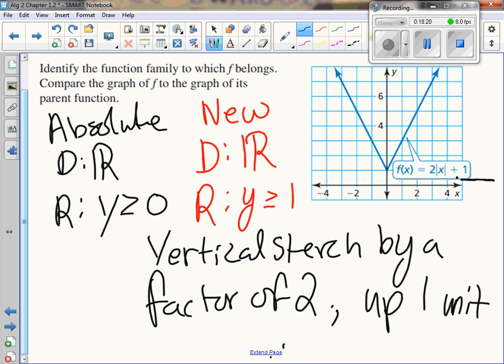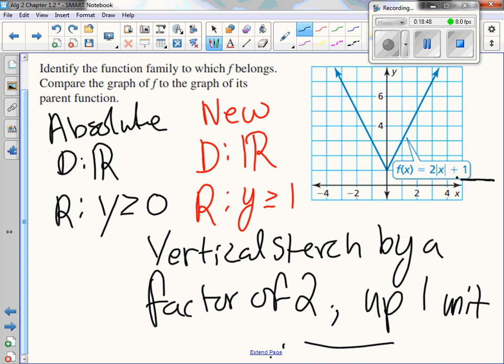So the up and down translation will move the range up or down. What do we say about reflection in the x? It makes it flip, doesn't it? So what's it going to do here? The range is going to flip. Because if we flip it across the x, it's not going to be greater than 1. It would be less than.